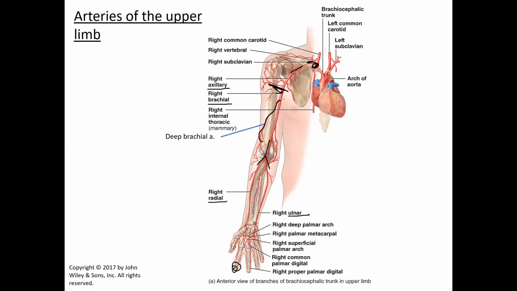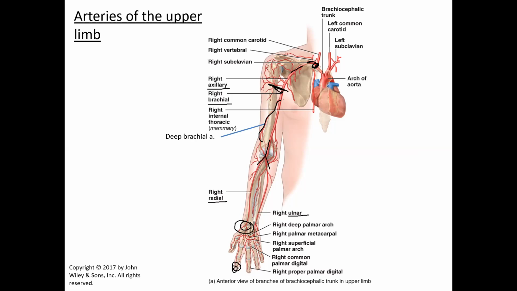The radial artery runs quite superficial, which is why you take your pulse at your wrist. Your radial artery is very superficial at the wrist, so that's why you can feel your pulse there. After it crosses the wrist, it divides into superficial and deep branches, which we'll come back to.